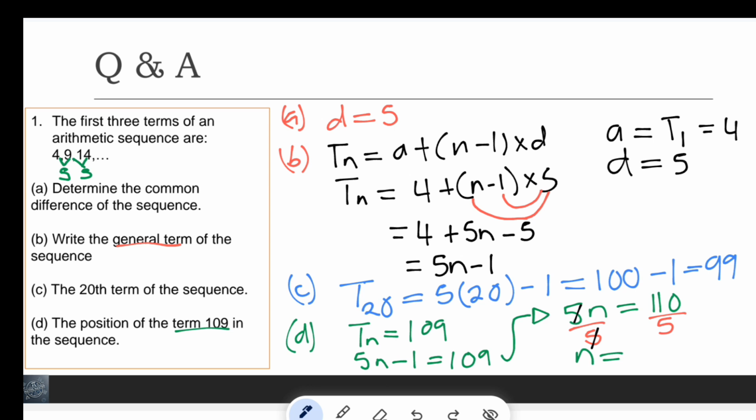Then n will be equal to 22. So T22 is equal to 109, right? Okay, let's move to geometric pattern.